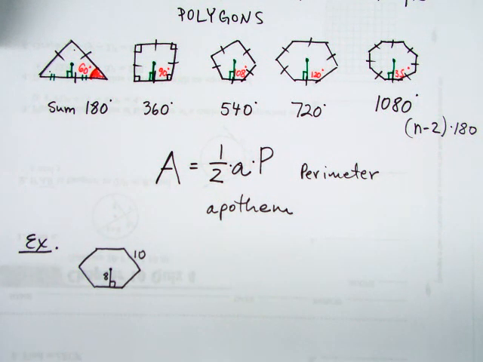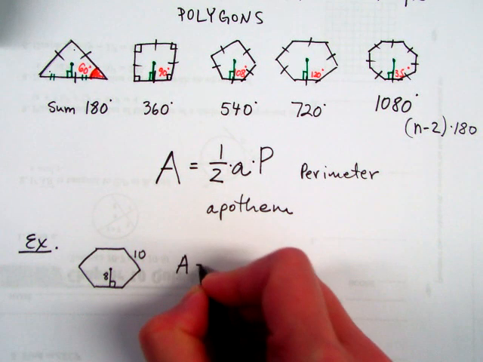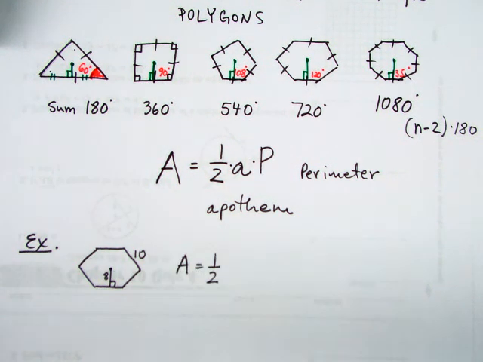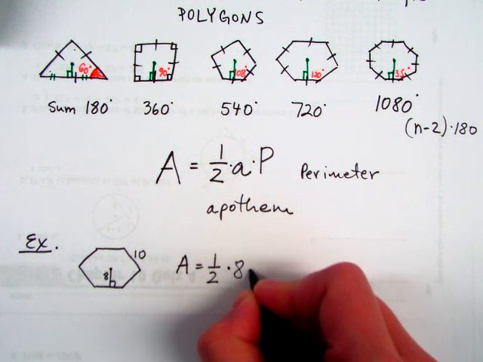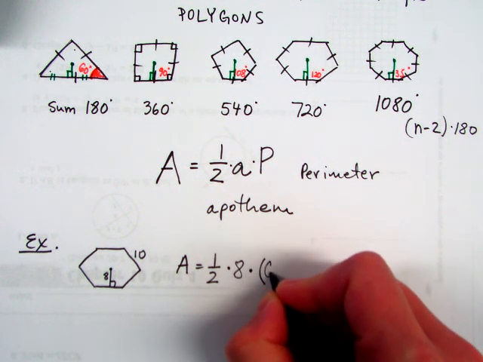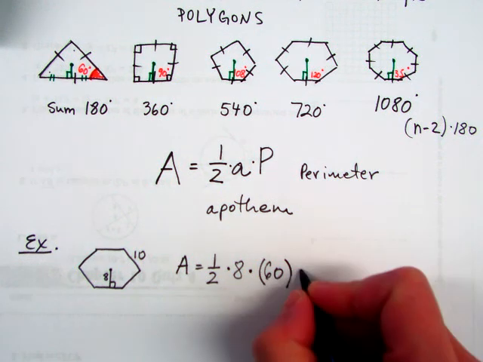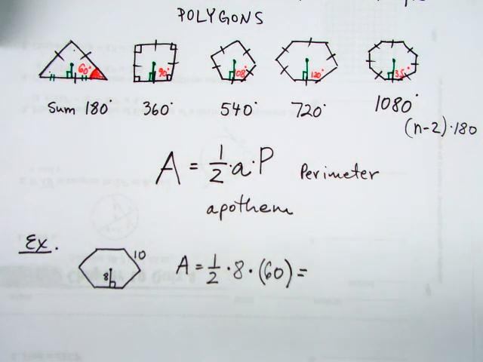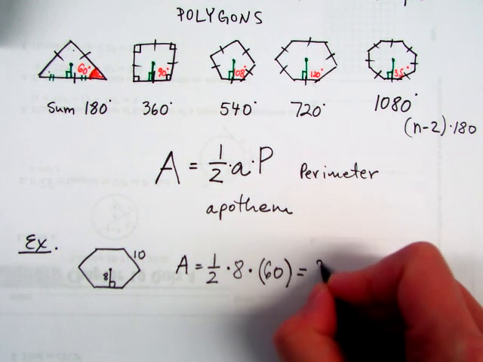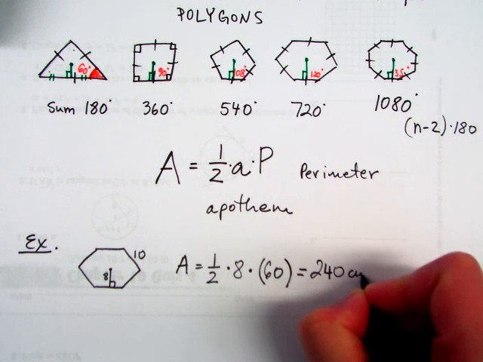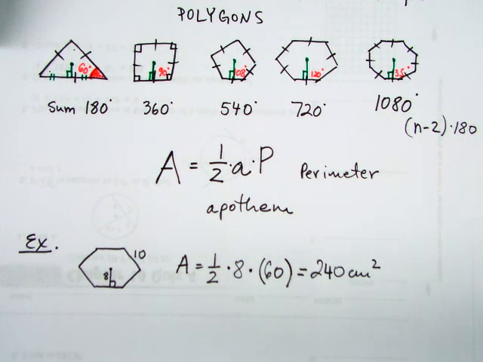That's the very basic, level 1, almost too easy, because all you have to do is plug it in. 1/2 times 8 times, what's the perimeter? 60. And then multiply this out on your calculator. It is 240, let's say, centimeters squared. So it's very simple if I gave you that type of a problem.